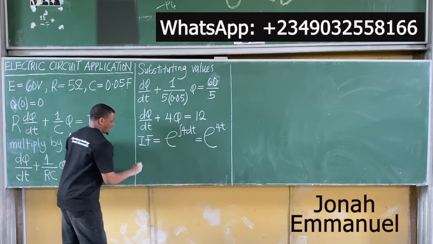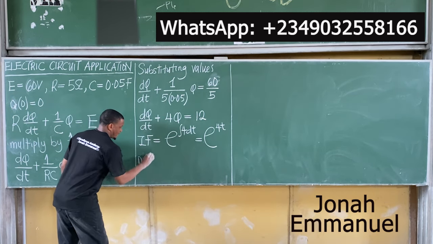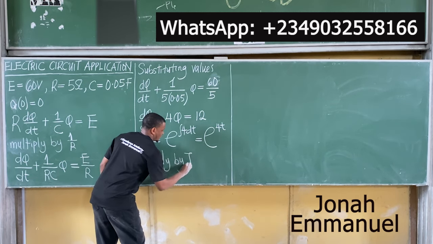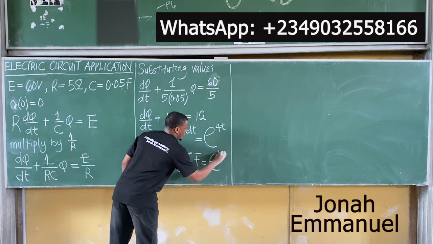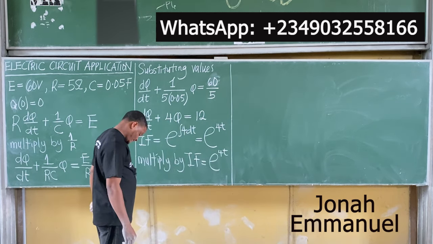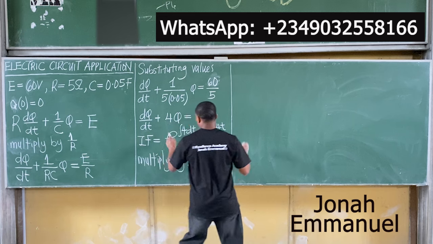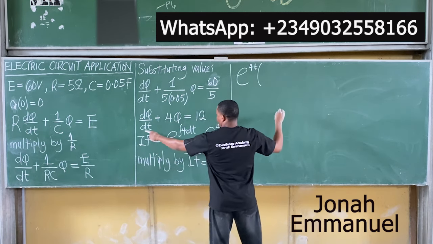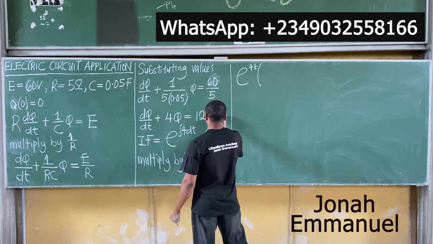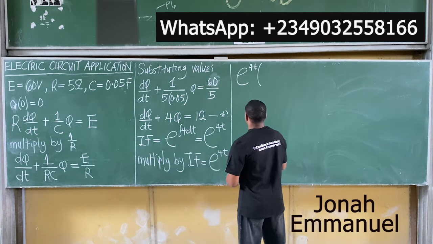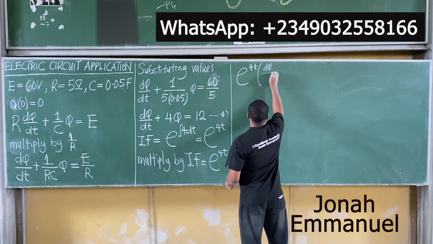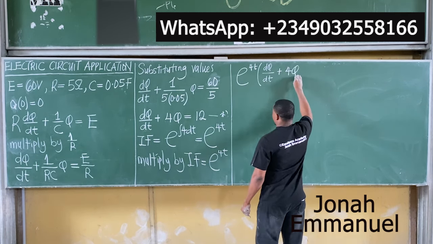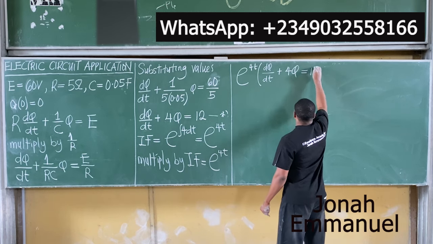All right. So multiply by the integrating factor, exponential 4t, multiplying everything here. That's this equation: dq over dt plus 4 times q is equal to 12.